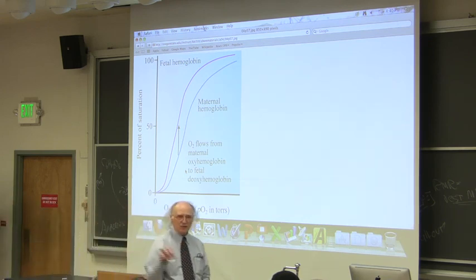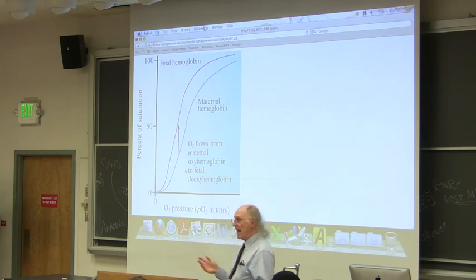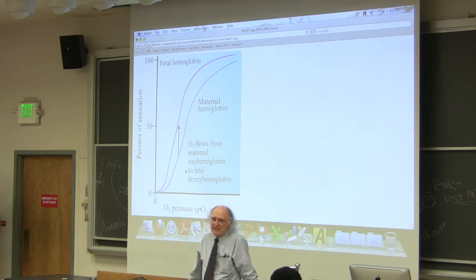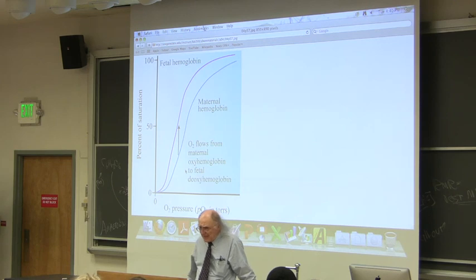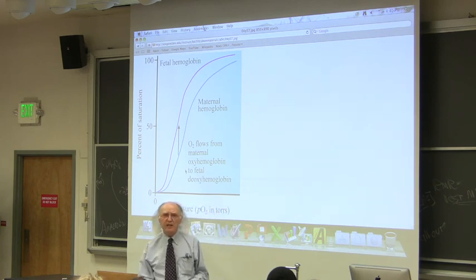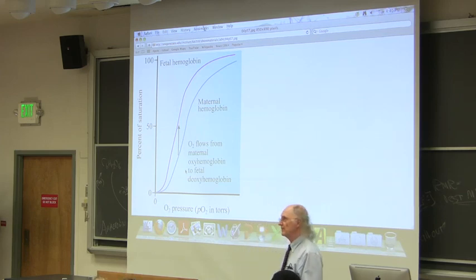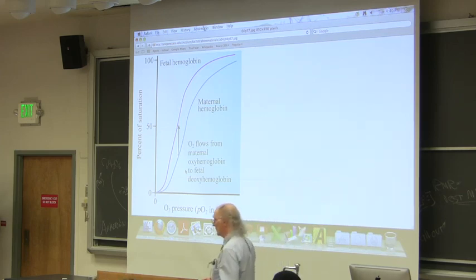If it can't do that, the fetus is not going to have very much oxygen. If we think about R states and T states, what it tells us is that the fetal hemoglobin is in the R state much more so than mom's is.